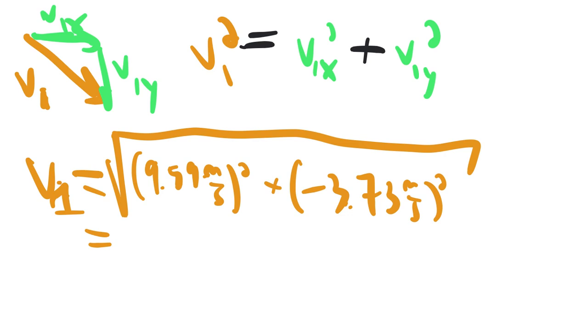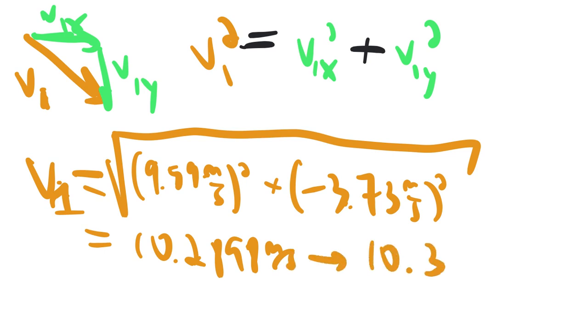Or you could just remember that since it's going to square out anyway, you don't actually have to put the minus sign at all. We end up with 10.2898 meters per second, which is definitely too many sig figs, but it looks like it probably should be 10.3 meters per second. Actually, it's funny because the book carries 4, so I guess they really want it to be 10.29 meters per second.